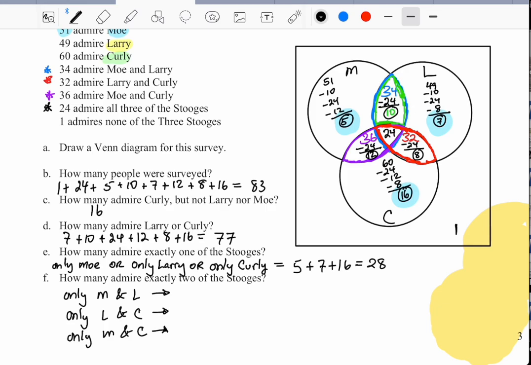All right. So between Mo and Larry, that's the 10 individuals. The Larry and Curly would be the 8 individuals, and the Mo and Curly would be the 12 individuals. So add those up, and you get a total of 20.